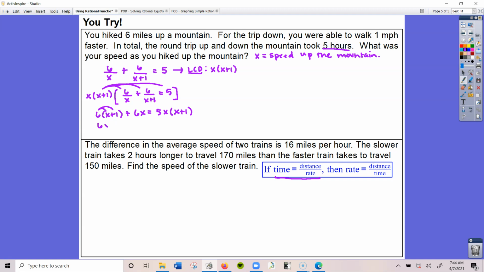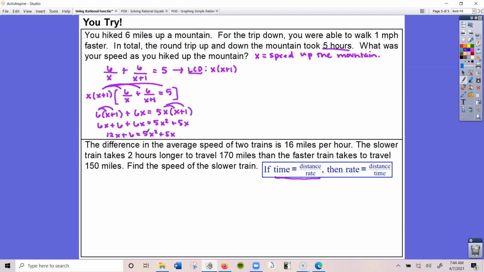So this gives me 6x plus 6 plus 6x is going to equal 5x squared plus 5x. We can combine these two 6x's. 6x plus 6x is 12x plus 6 is going to equal 5x squared plus 5x.